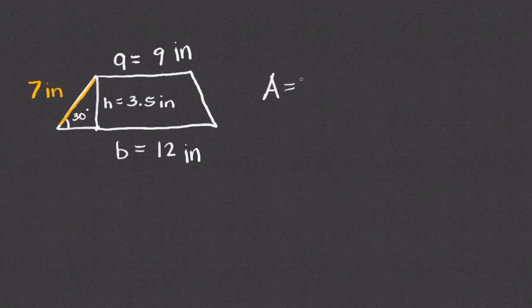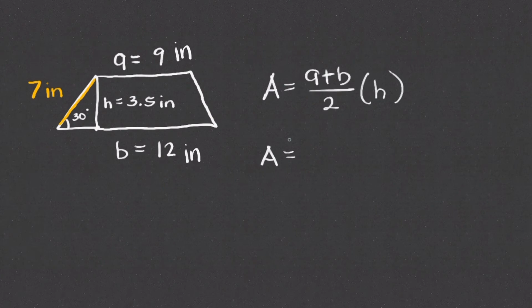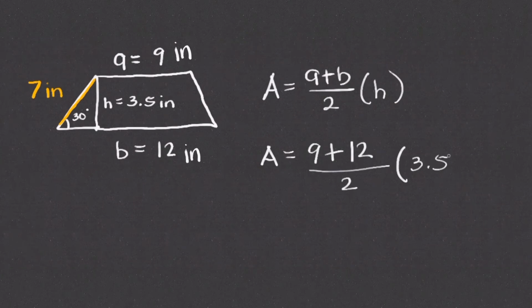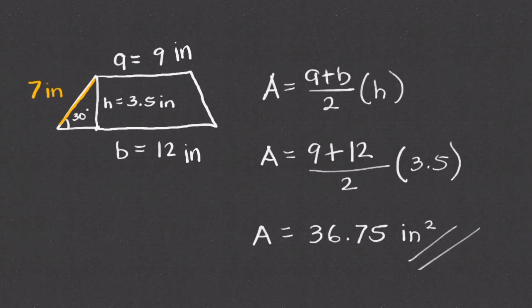The formula to solve for the area is (a plus b) over 2 times h. Let's substitute a, b, and h. 9 plus 12 over 2 times 3.5. Therefore, the area is equal to 36.75 inches squared.